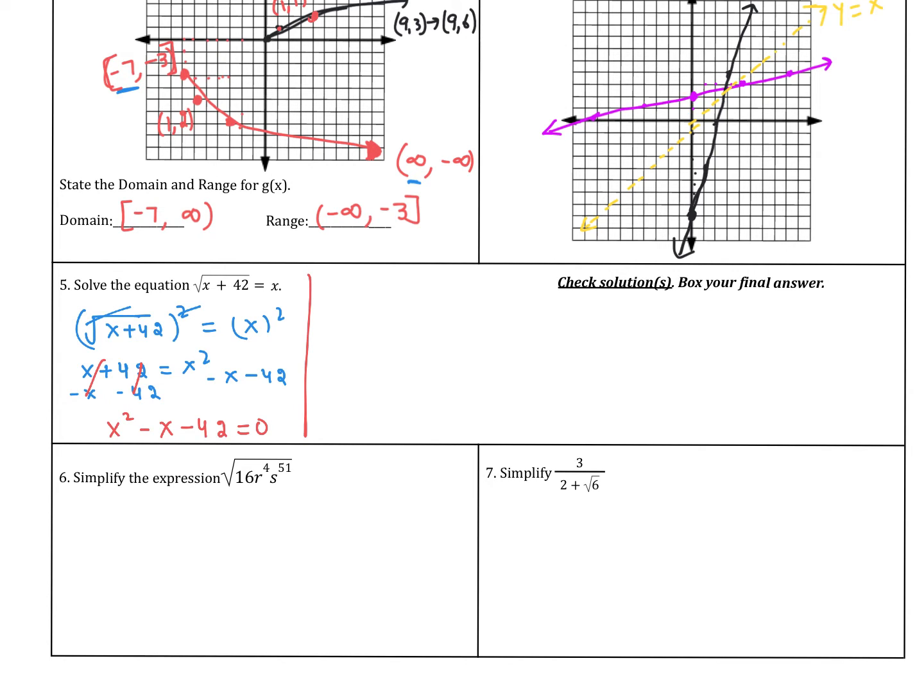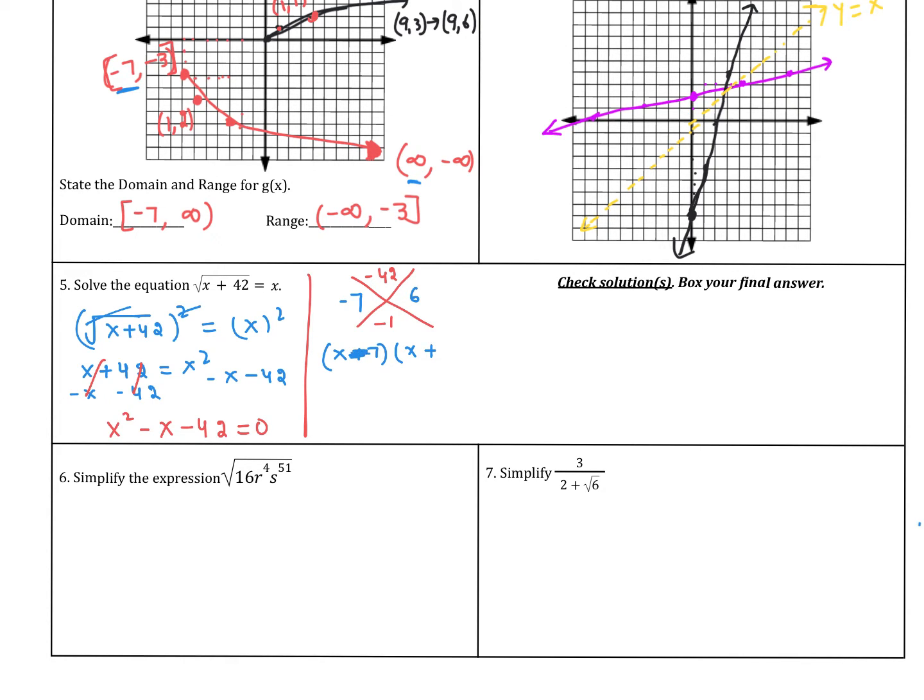It's a quadratic equation, so you solve it by the cross method, where you need two numbers that multiply to get negative 42 and add to get negative 1. Those are negative 7 and 6. So these are the two factors.